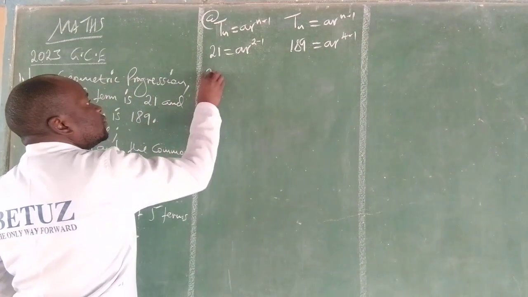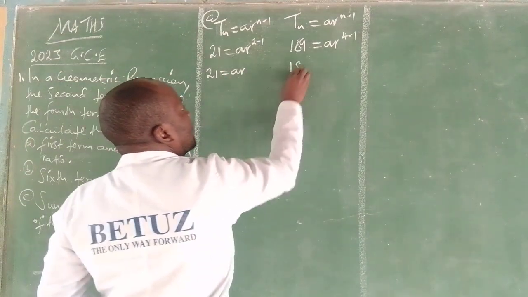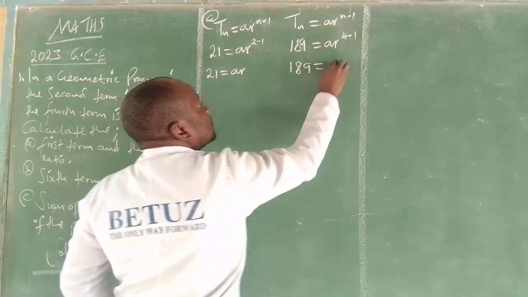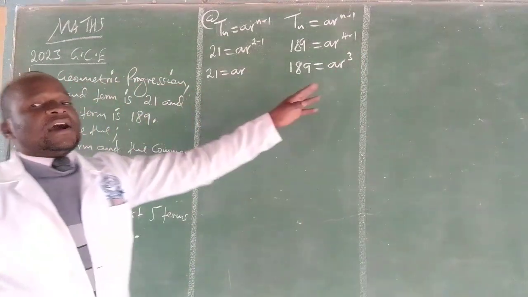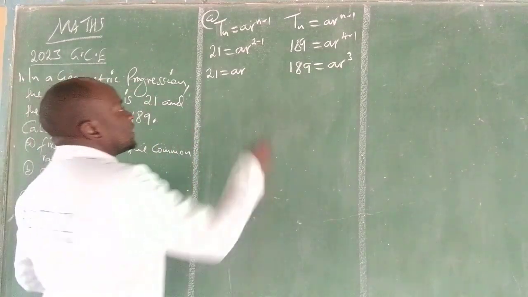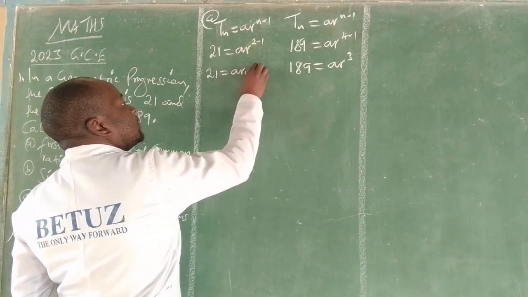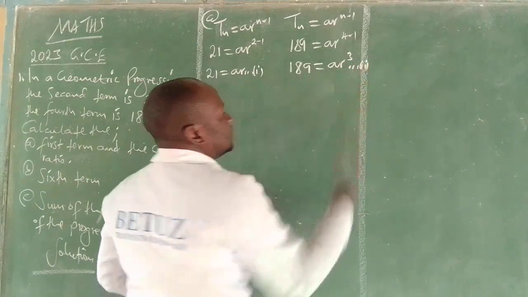So we have 21 is equal to AR, and 189 is equal to AR cubed. We must solve those two simultaneously. This is our equation 1, and this is our second equation.